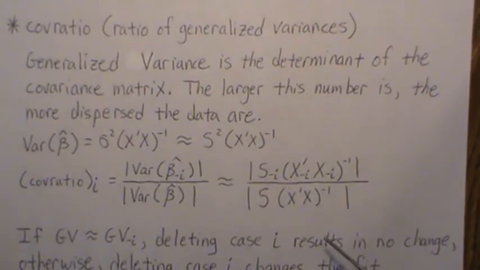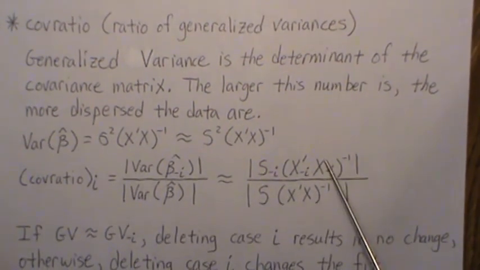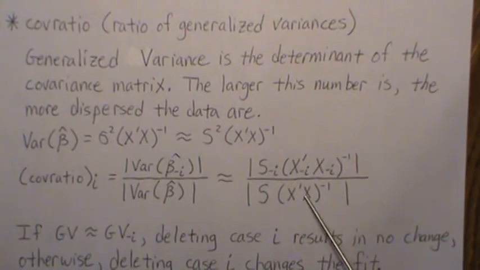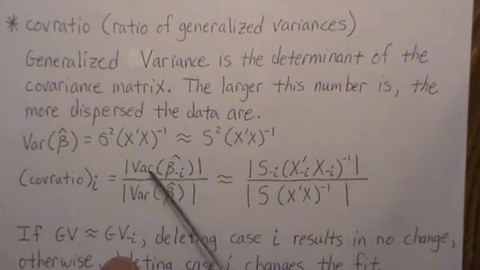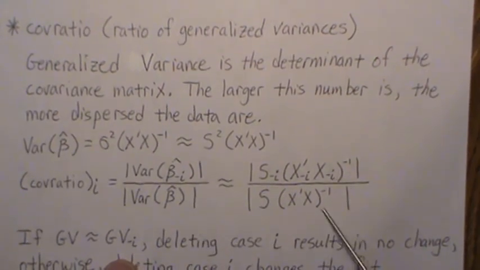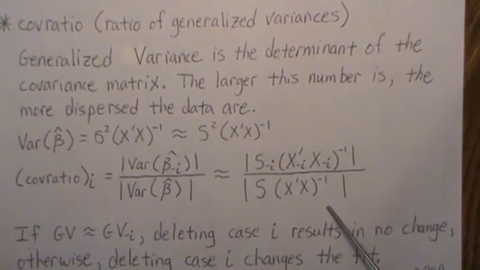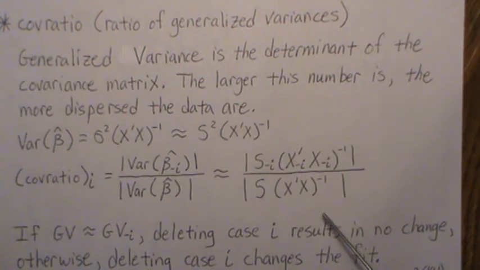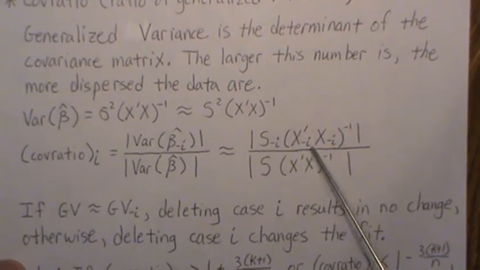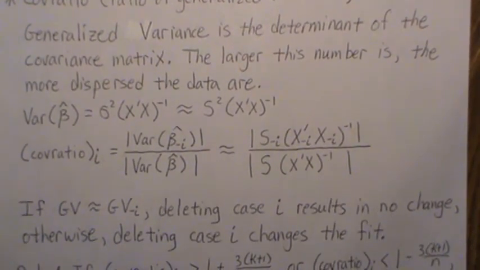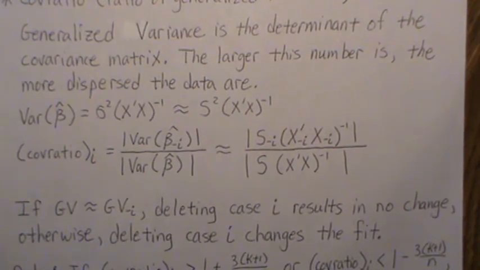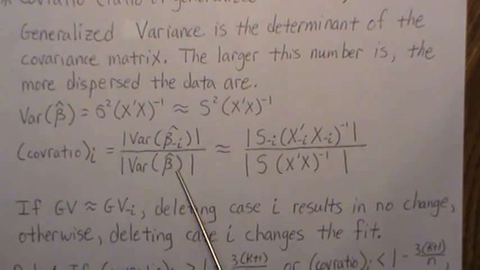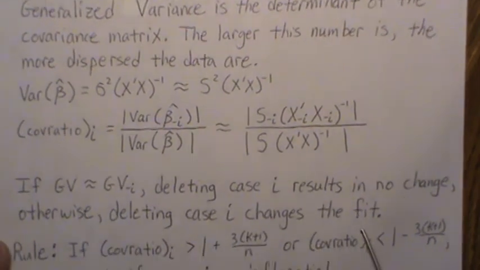So if the generalized variances are very similar, it says that the dispersion around our least squares estimate is very similar, and that says that the ith case is not influential. But if these two values differ by a significant amount, then that says case i is influential. It changed the dispersion of our least squares estimates.